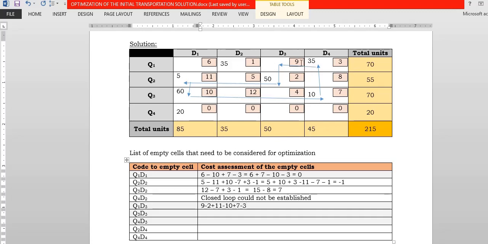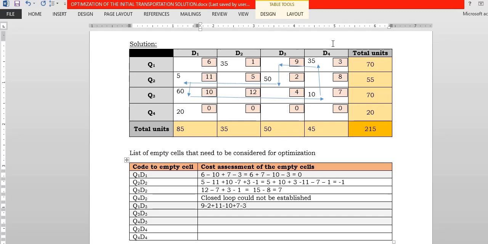So it is 9 minus 2 plus 11 minus 10 plus 7 minus 3.